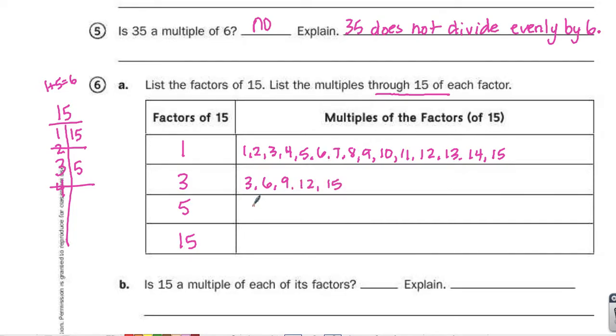I can stop. 5 times 1 is 5, 5 times 2 is 10, 5 times 3 is 15. I can stop. And 15 times 1 is 15.